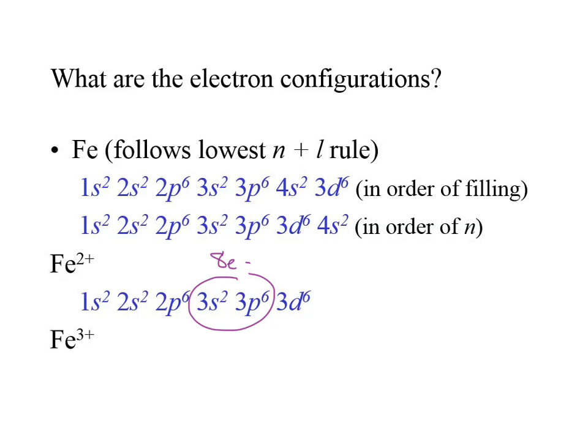All right, let's piggyback from our Fe+2 and kick off one more electron to get Fe+3. Now, I told you that if you have a choice here, in the same n, you have to take the highest l value. The l value of s is 0, the l value of p is 1, the l value of d is 2.